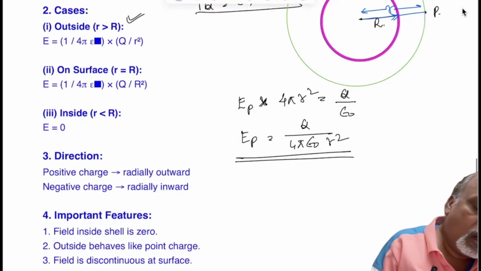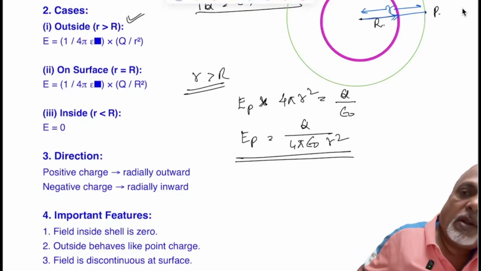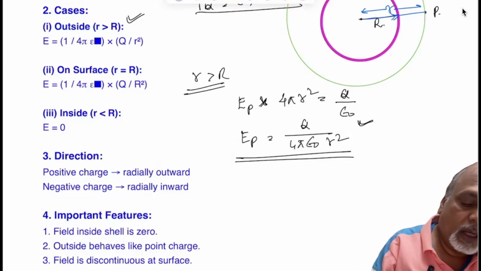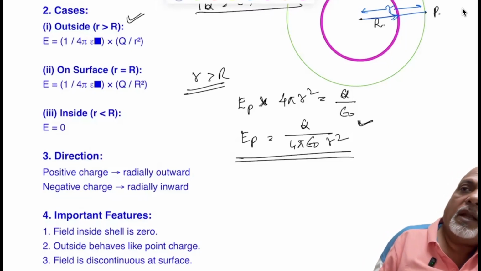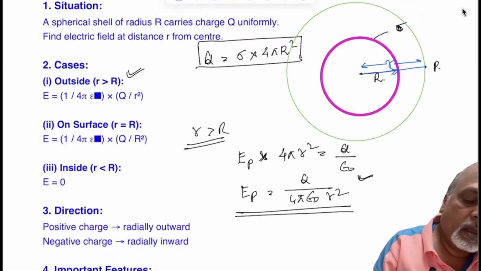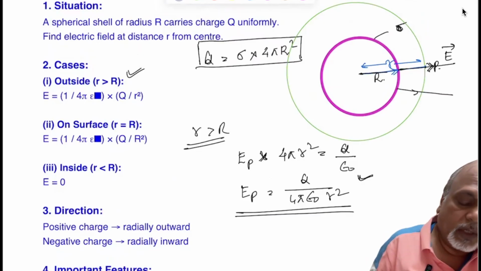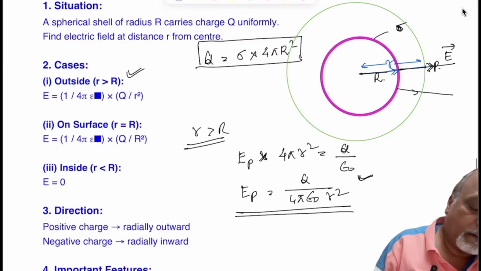So when r is greater than R, if any point is outside the spherical shell, this will be the electric field. The direction of the electric field is given by the field lines, like this. If it is a positive charge, correct.